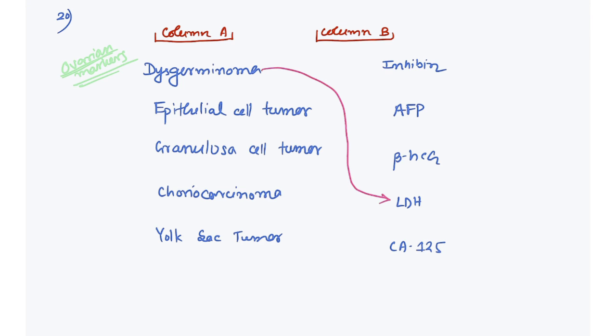For epithelial cell tumor, it is CA125, cancer antigen 125. For granulosa cell tumor, it is inhibin. For choriocarcinoma, it is beta HCG. And for yolk sac tumor, it is AFP.